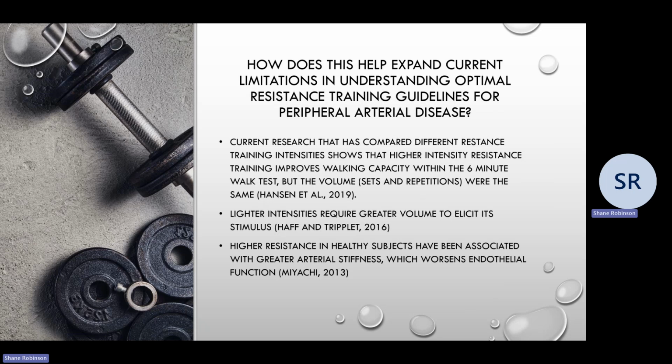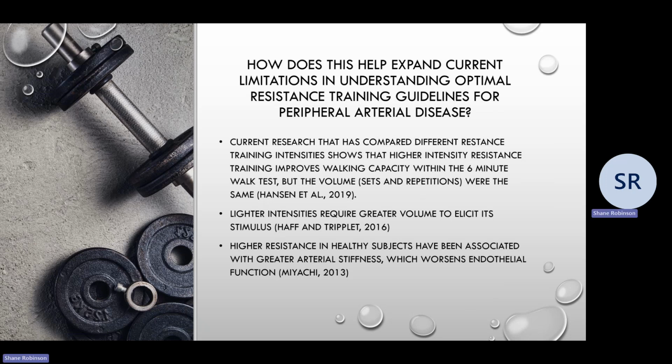Most of them, like this article by Hansen et al. in 2019, compared a light intensity, 30% of 1 rep max, to a heavy intensity, greater than 70% of 1 rep max, over a 10-week period. But both intensities required 4 sets of 8 repetitions.